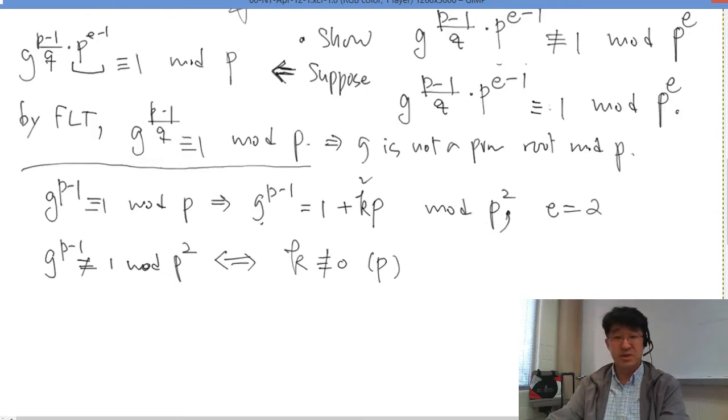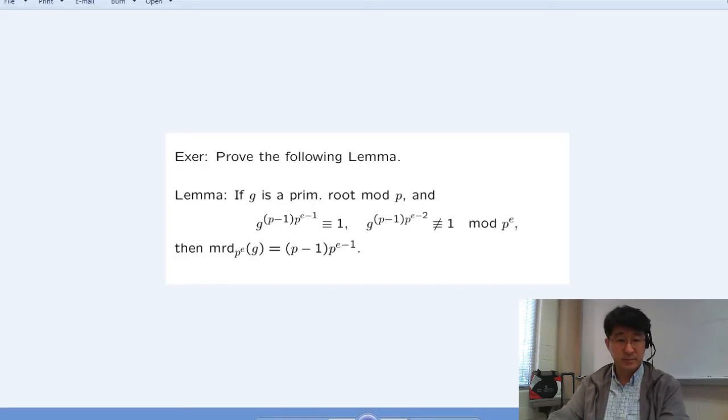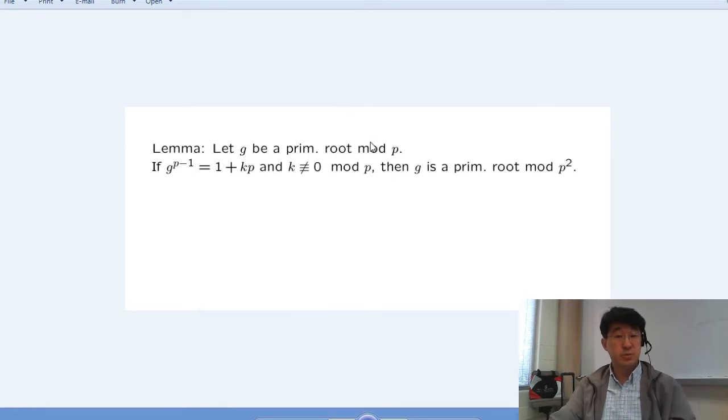Okay, so I'm going to state that here. g is a primitive root mod p, and g to the p minus 1 is going to be stated like that because of Fermat's little theorem. It has to be 1 mod p. But if that k happens to be not congruent to 0 mod p, then because of the lemma, this g remains the primitive root mod p squared because of the earlier lemma.